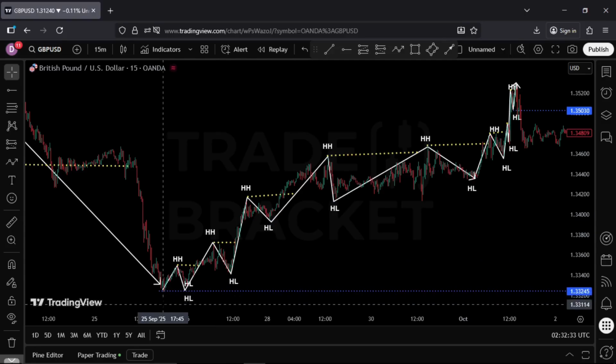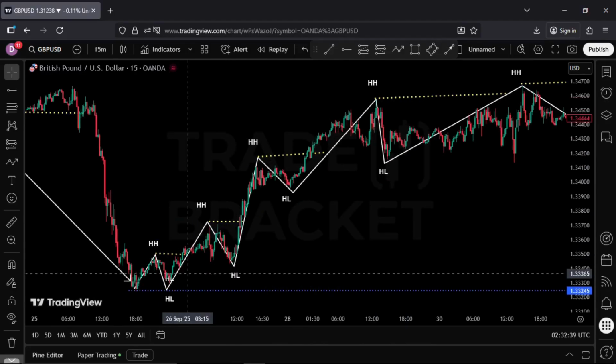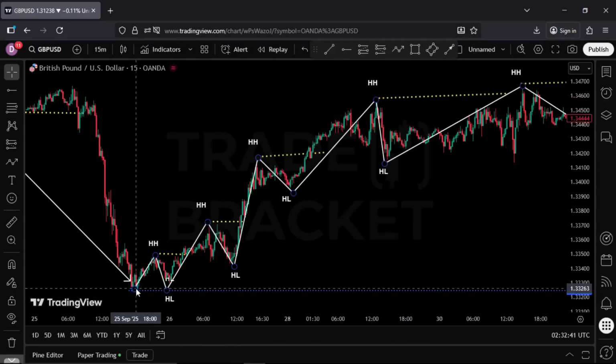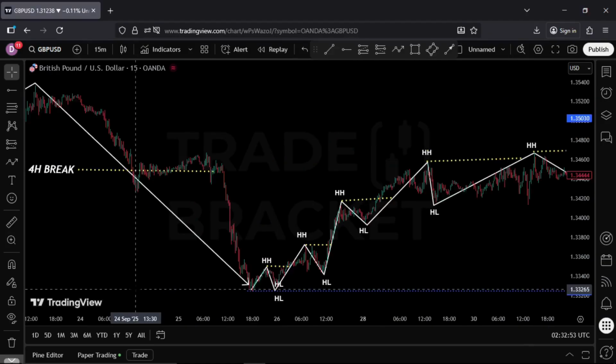As you can see, the pullback started, you can see there's a date and time. Okay, the pullback started around 25th September 2025, 18.6. So as you can see, it's at the 25th September 2025, the lowest point.